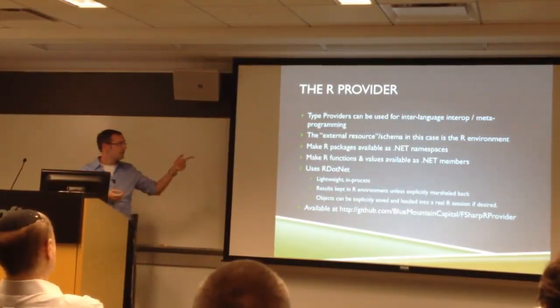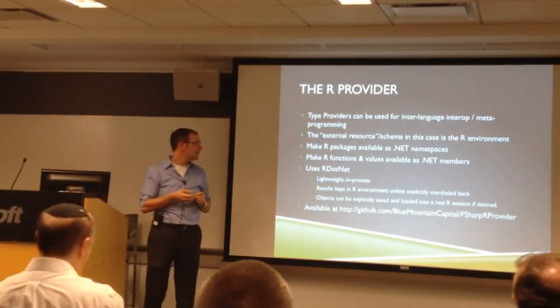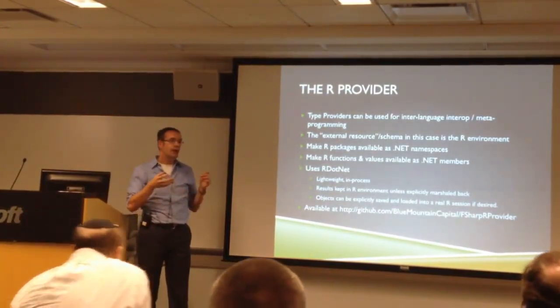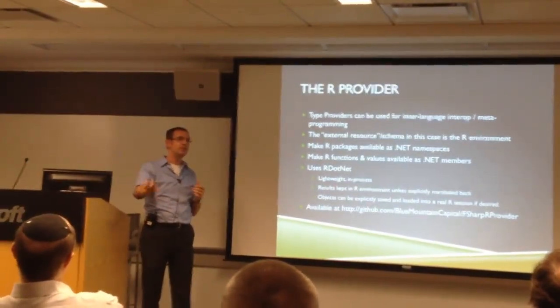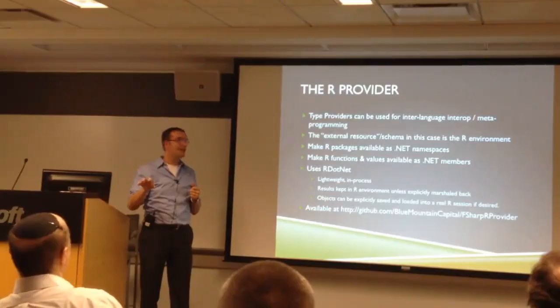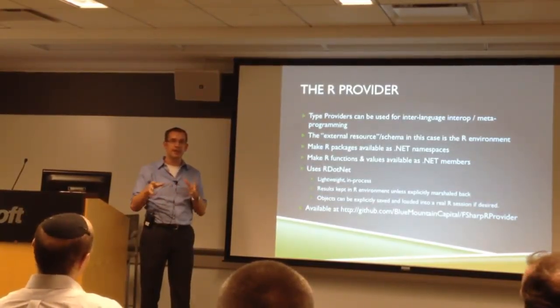Like I mentioned, it uses R.NET. It's pretty lightweight, in process. One thing I was keen on: when you call a function in R, all the results are kept in the R environment, in R's representation, unless they're explicitly converted back to .NET. It's all in process anyway, so it's not that expensive.